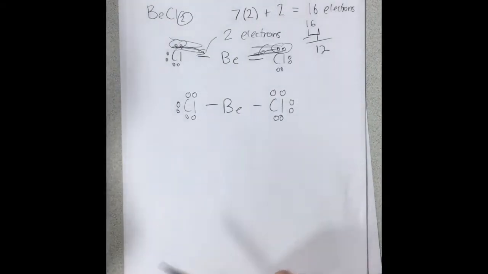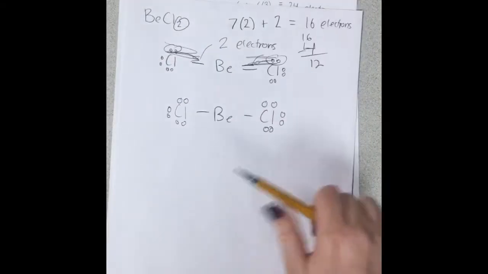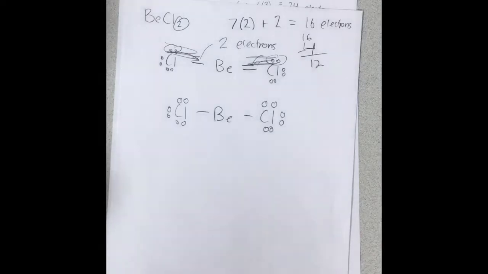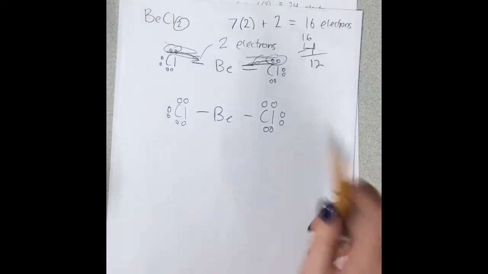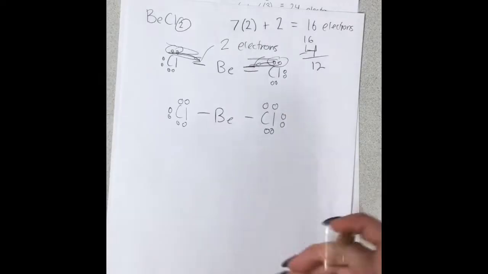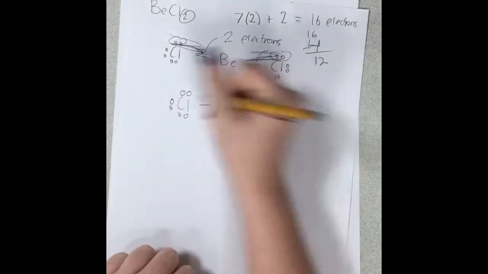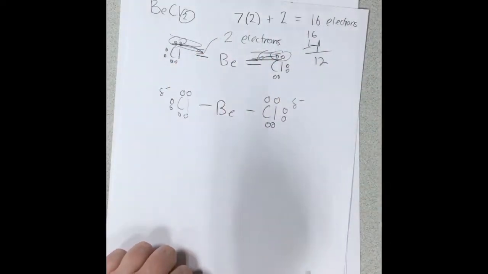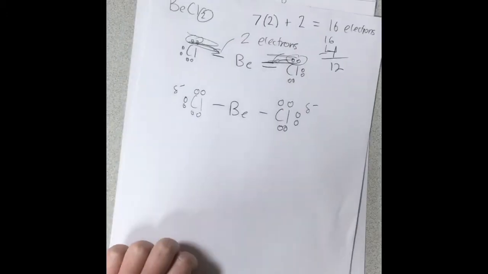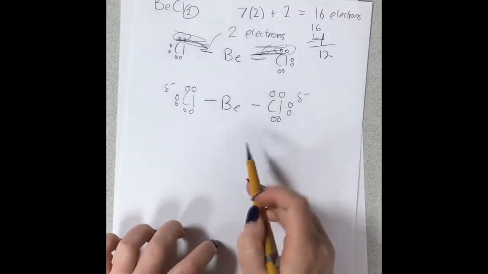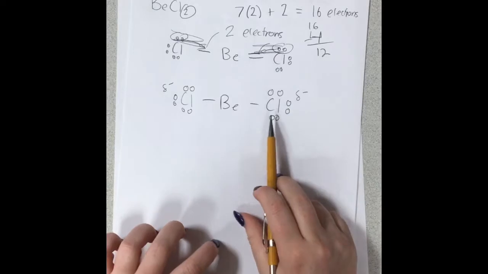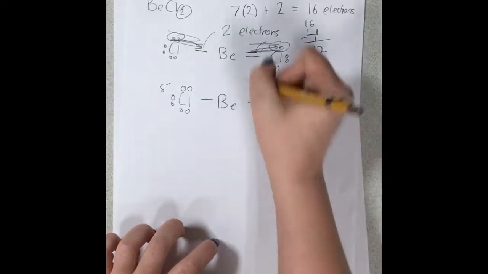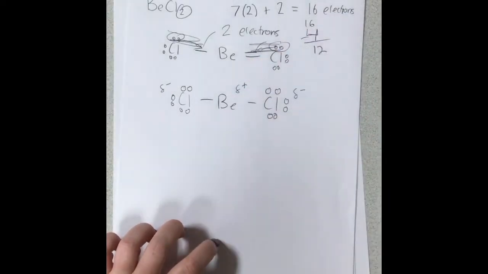But next, we're going to place the bond dipoles. The highest electronegative atom, which in this case is chlorine, will have a partial negative charge, as the electrons are going to drift toward the atom with the highest electronegativity. So there is going to be a partial positive charge on the beryllium atom.